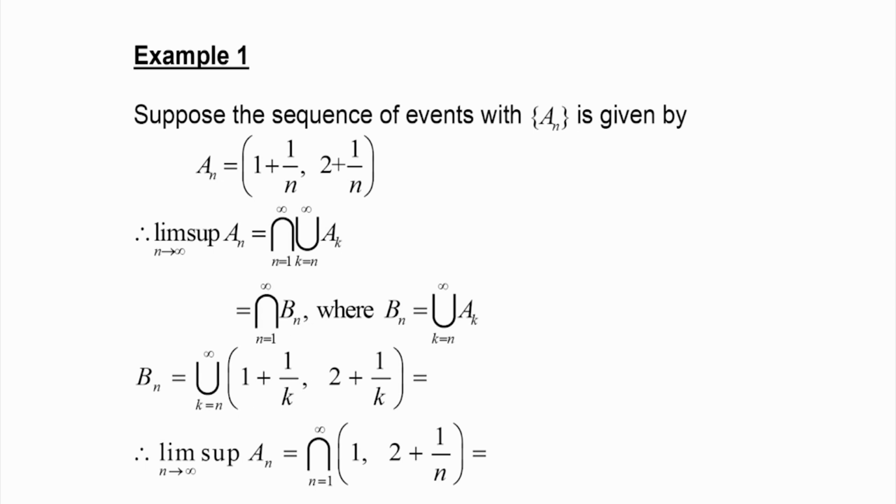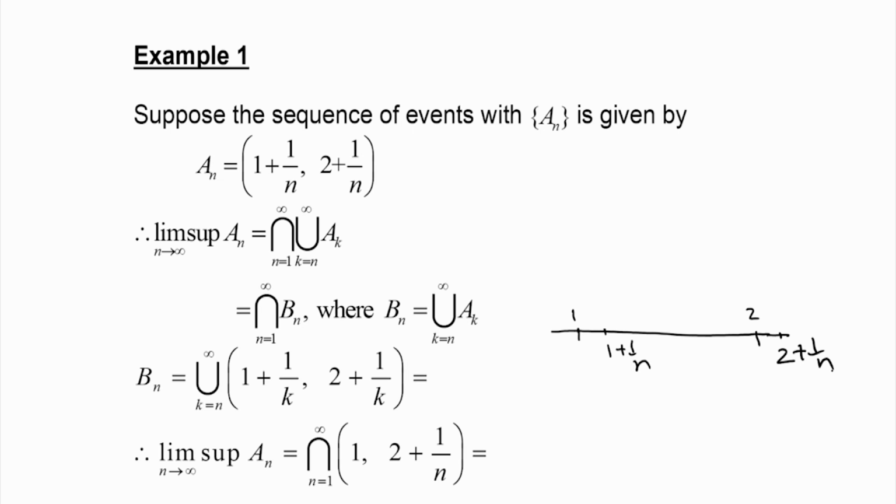If we carry out, suppose the first element is 1, this is 2, then 1 plus 1 by n, and the upper limit is 2 plus 1 by n.